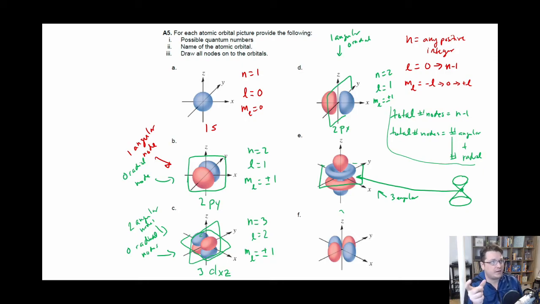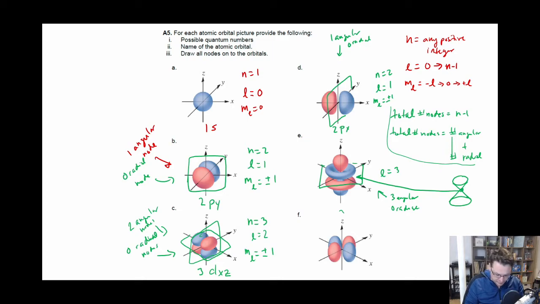We know that there's 0 radial nodes because, if we're looking at it, nothing has a cap on it. As you move away from the origin, there aren't any nodes where you're getting switches of blue to red or anything. So there's 0 radial nodes here. And so now we know we have 3 angular nodes and 0 radial nodes, so that tells us that L is equal to 3 in this case.